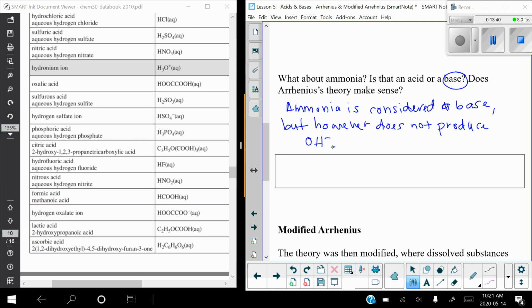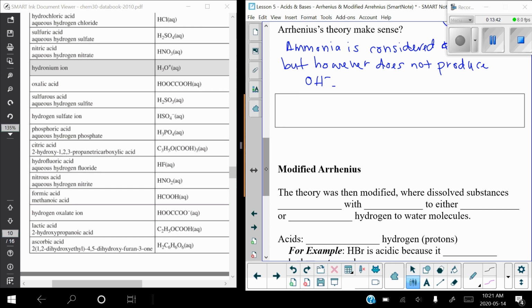So basically, Arrhenius' theory had to be modified. The theory was modified so that dissolved substances collide with water. Now instead of just ionizing or breaking apart, it is reacting with water.